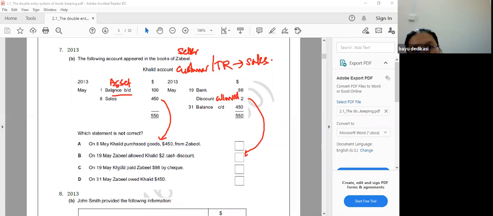Khalid is the customer, and the customer pays the seller, so this is also correct. On 31st, Zabi owed Khalid 450. It should be Khalid owed Zabi, so this one is wrong.